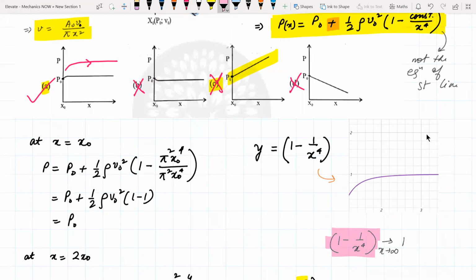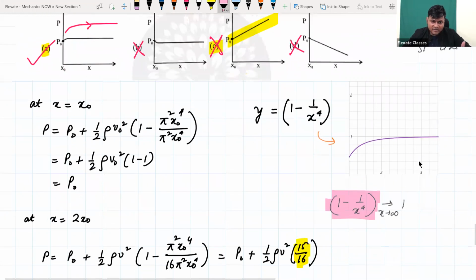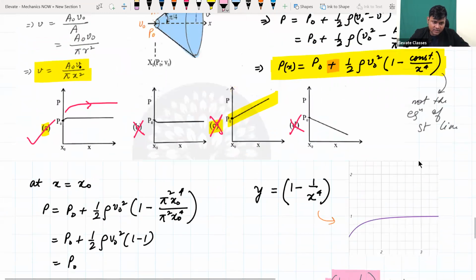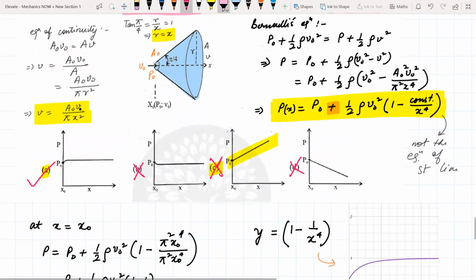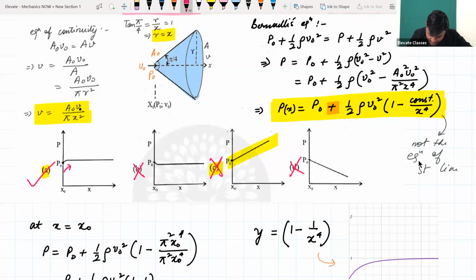Velocity increases but at a fixed value, theoretically speaking, at time tending to infinity the velocity becomes constant. So here also, at distance tending to infinity, the pressure becomes constant. Are you understanding? Yes. So it is increasing, but then it becomes saturated, fixed, whatever. Okay.